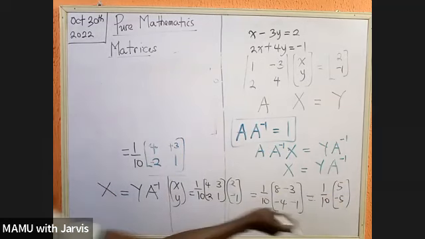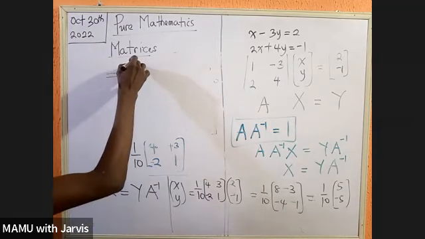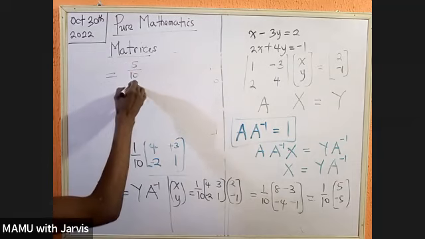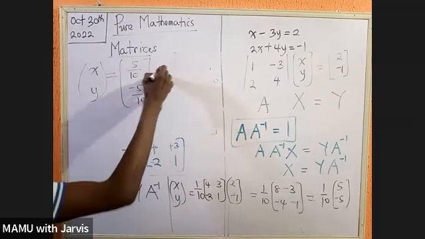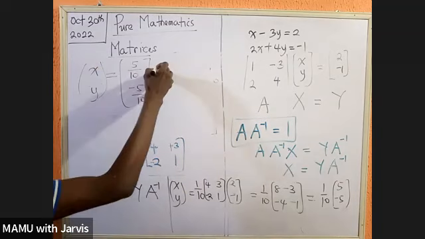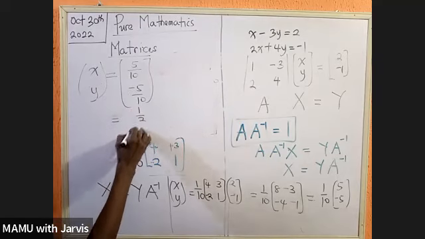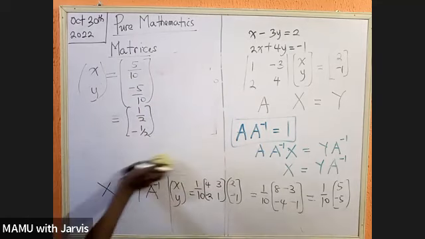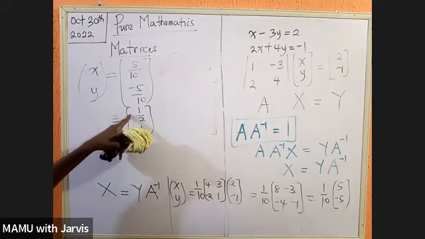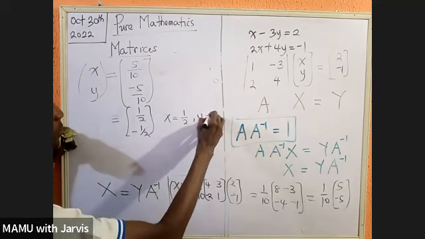So from here, this will be equal to 5/10, -5/10, all in matrix in comparison with X, Y. You get it? So this will now give me 1/2, minus 1/2. So with that done, by comparison, X will be equal to half and Y will be equal to minus 1/2.